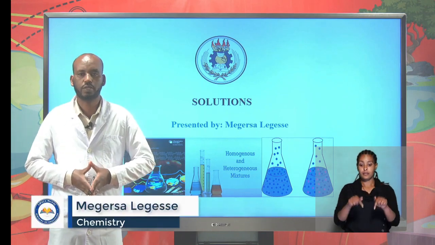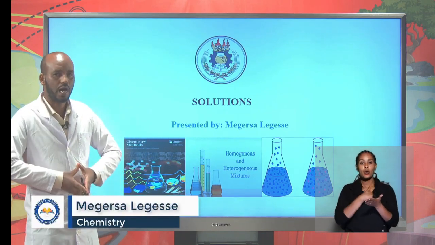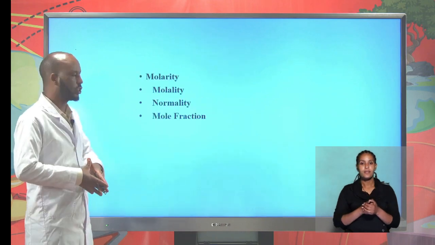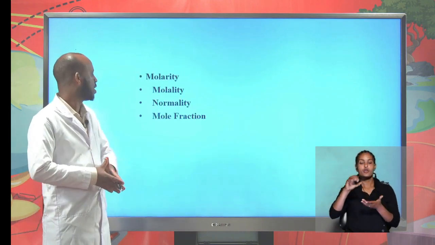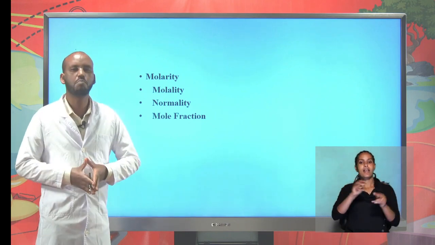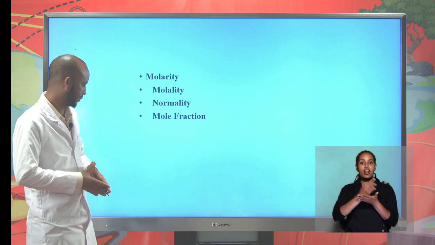In today's lesson, we will learn about molarity of the solution, molality of the solution, normality and mole fraction of the solution.